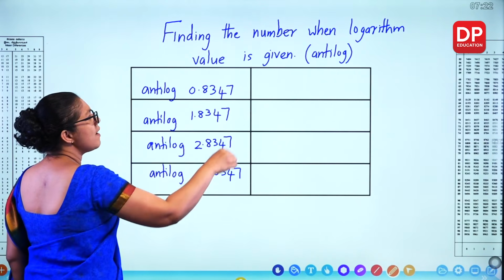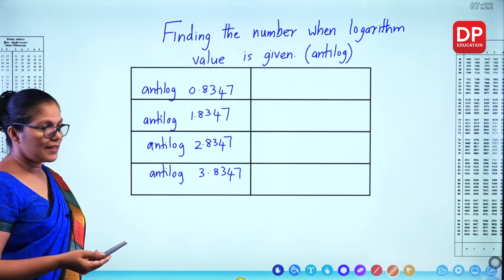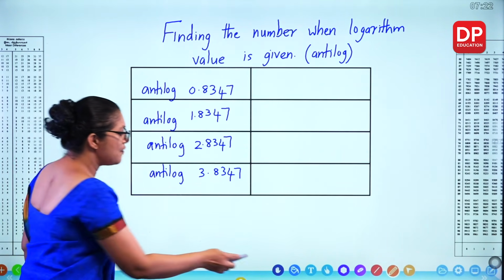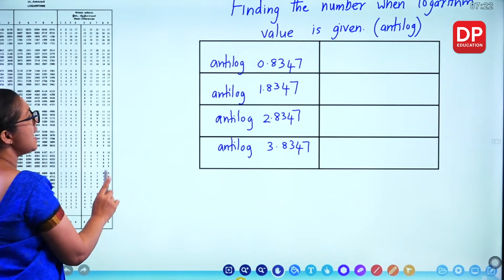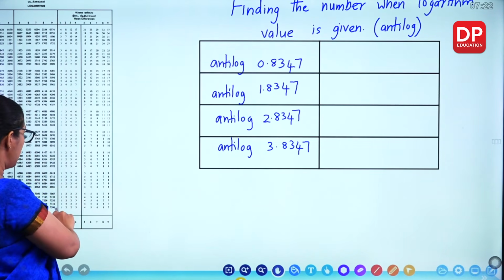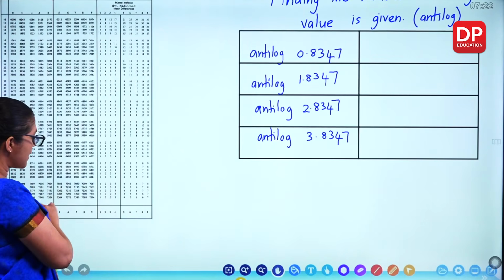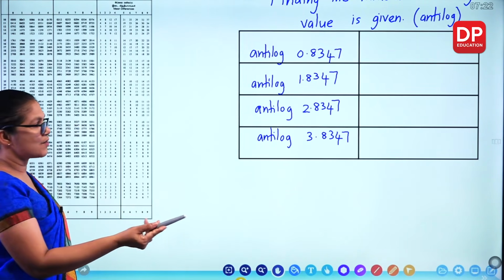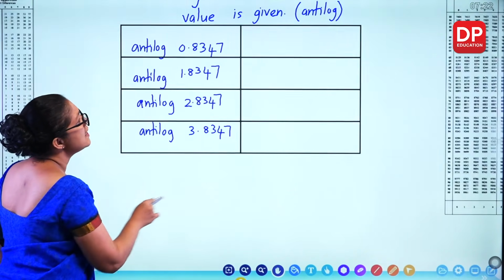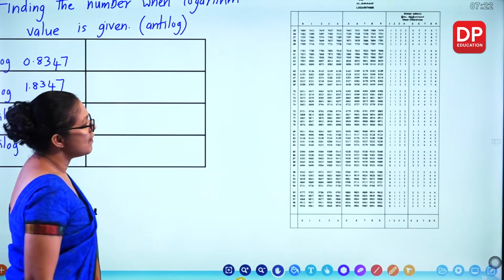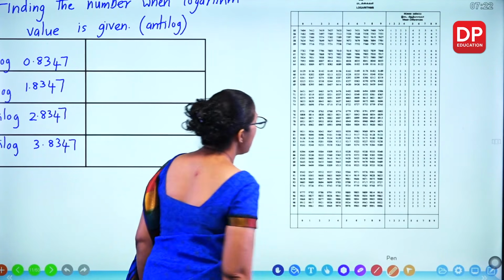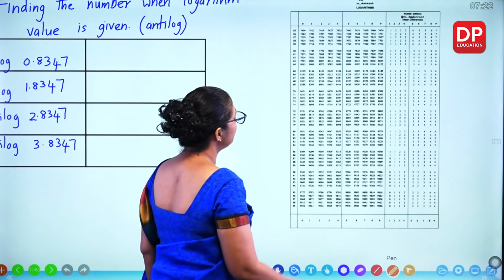The mantissa value is 8347. So you have to look at the table and see where you get 8347. In the first table, the maximum is 7396, so that means you have to refer the second table. Where do you get 8347?